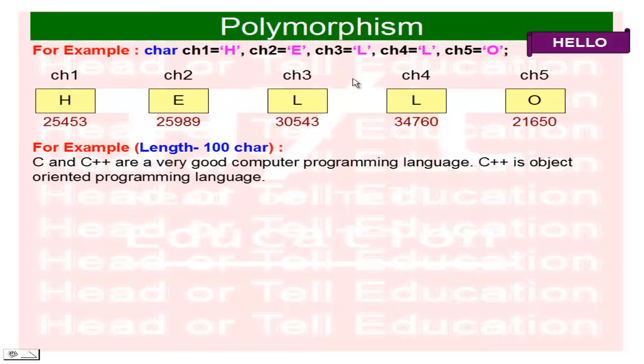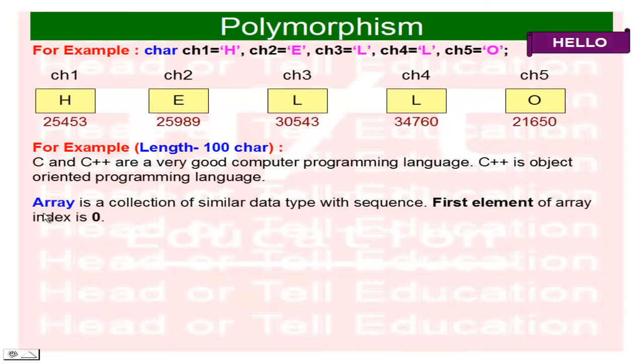To resolve this issue, we go to another secondary data type, which is the array. An array is a collection of similar data types in sequence, and the index of the first element of an array is always 0.